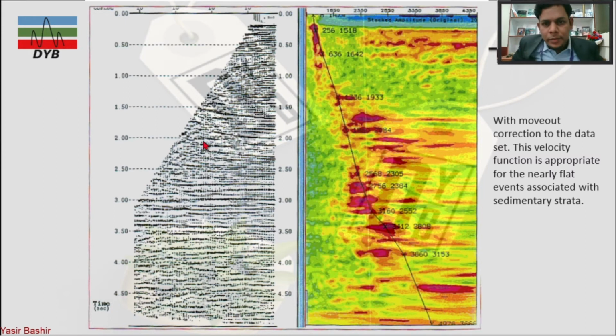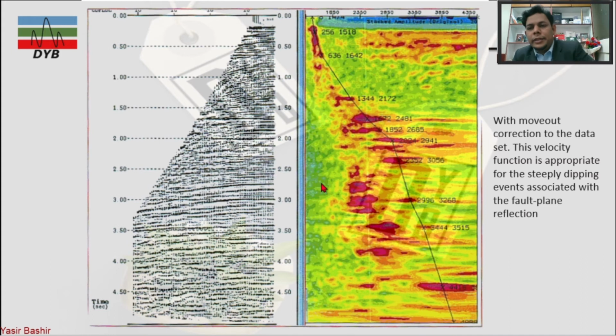So generally this velocity is better. But why are we picking this velocity? Because it is associated with the fault plane. In this area there must be some faulting or complex structure, and because of that we have a different velocity. So this is one fault and this one is another part of the fault.